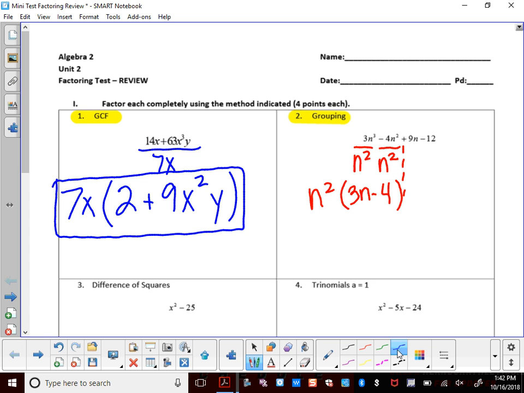On the right side, my GCF, what's between 9 and 12? Is my GCF 3? And when I divide, oh wait, when I divide, I get 3n minus 4.